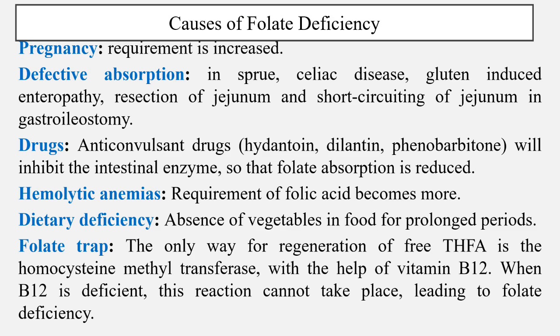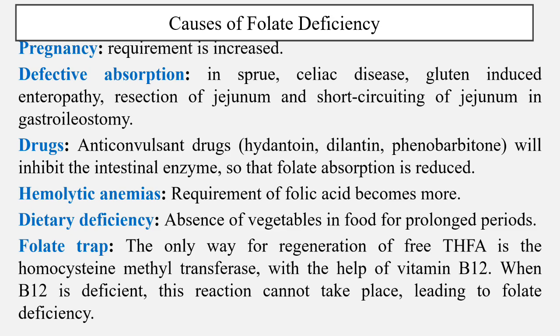Whenever gluten is taken, an immune reaction occurs and leads to inflammation of the small intestine and also to malabsorption. So sprue, celiac disease and gluten-induced enteropathy are small intestine inflammatory diseases that cause malabsorption.